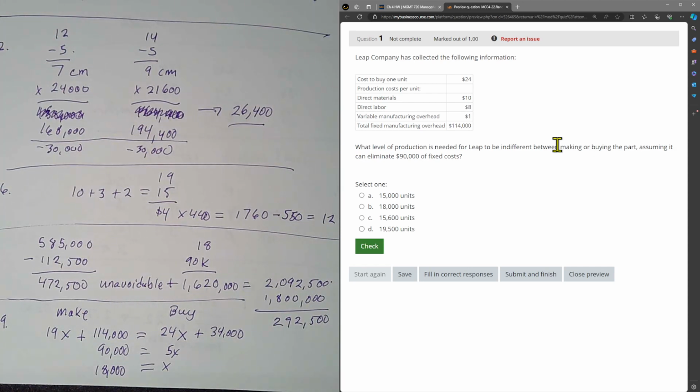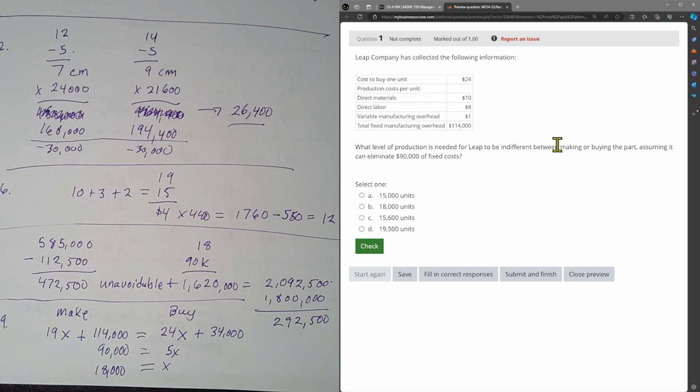And so the question is, what is the tipping point where you go from a variable cost focus to a fixed cost focus? Because as you increase production, you're going to be worried less about the variable costs and more about the fixed costs.